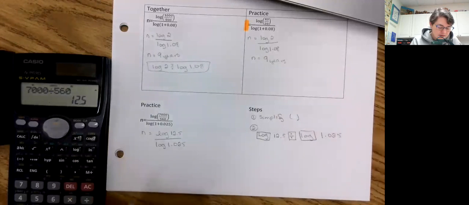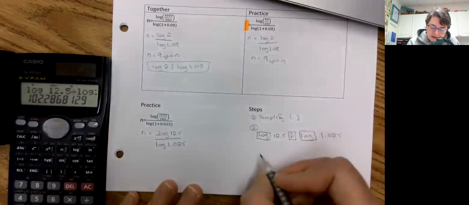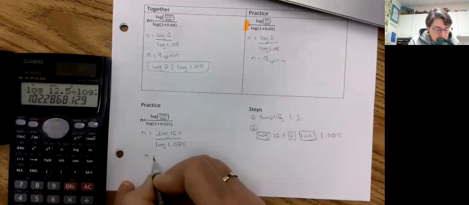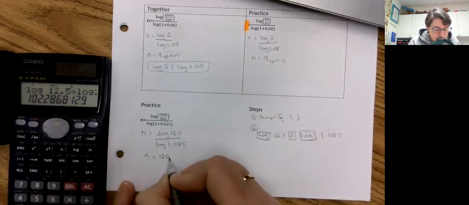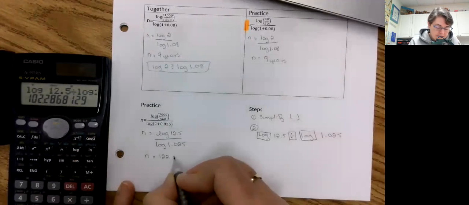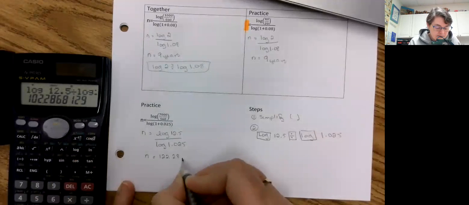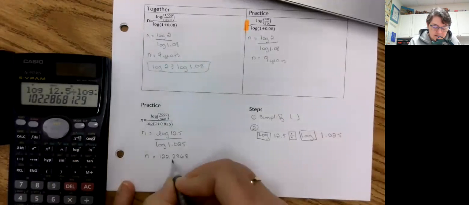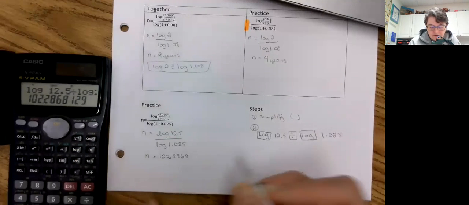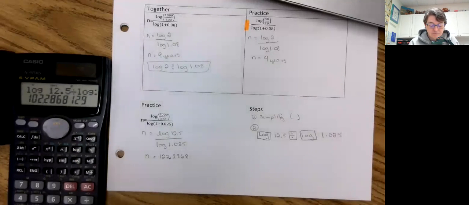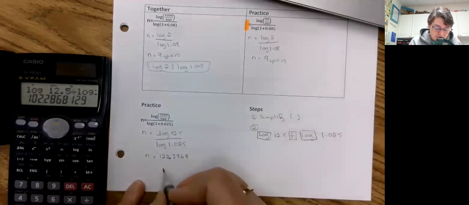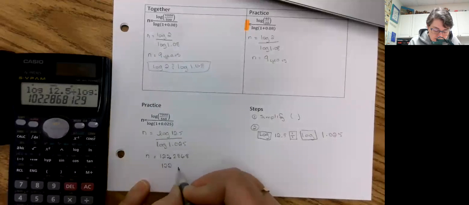Try that. So n is equal to 122.2868. There's nothing about how to round this, so let's just go 122 years.